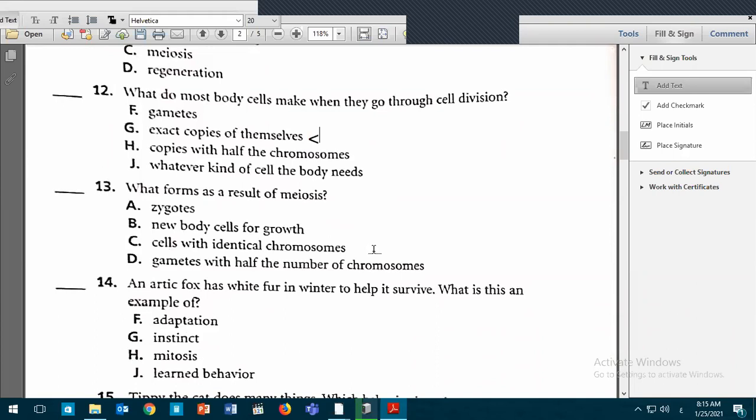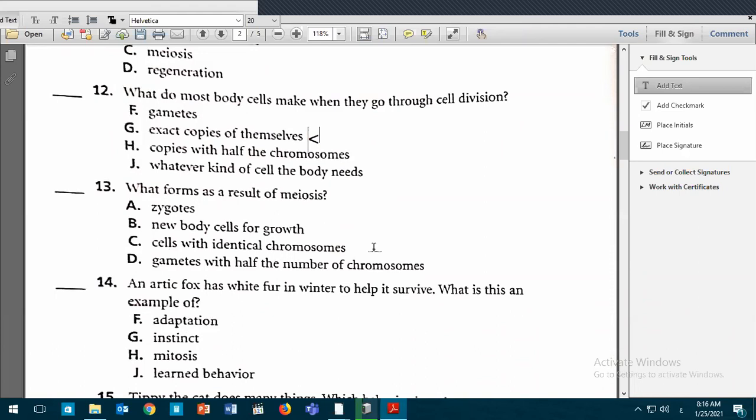Okay, now number 13. What forms as a result of meiosis? Meiosis is the opposite process of mitosis because this one is responsible for forming the sex cells, the ones responsible for making the babies. Remember egg and pollen in plants?